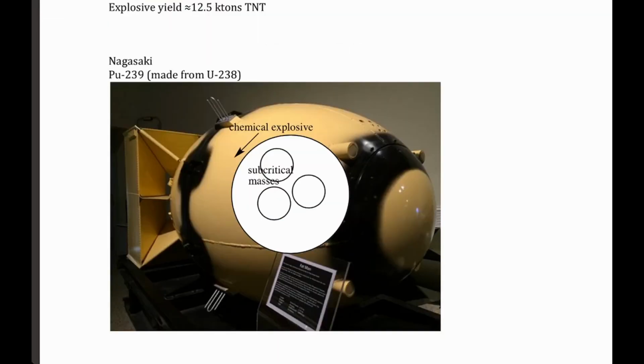Here is the Fat Man, that's the plutonium bomb, and it also had the subcritical masses, the chemical explosive that caused those subcritical masses to be combined into a supercritical mass that then underwent the out of control fission.